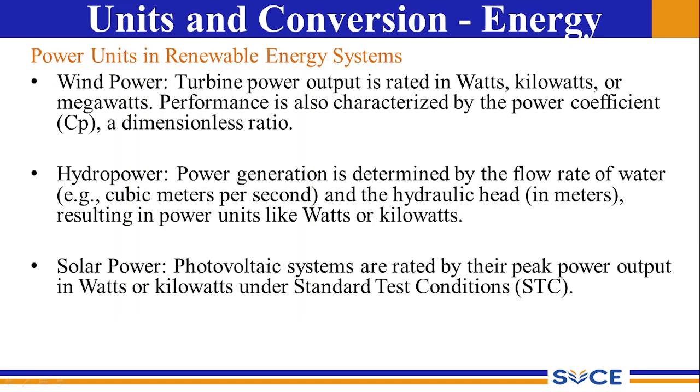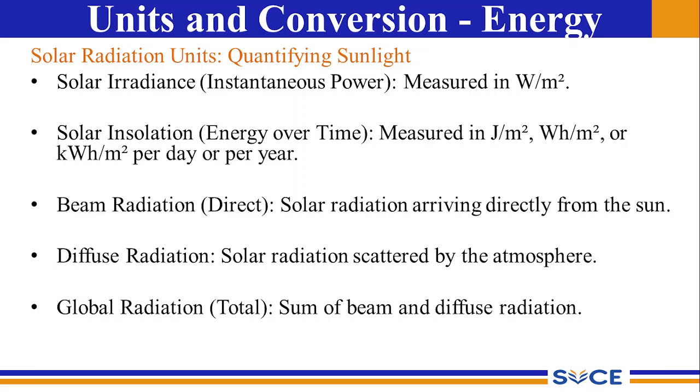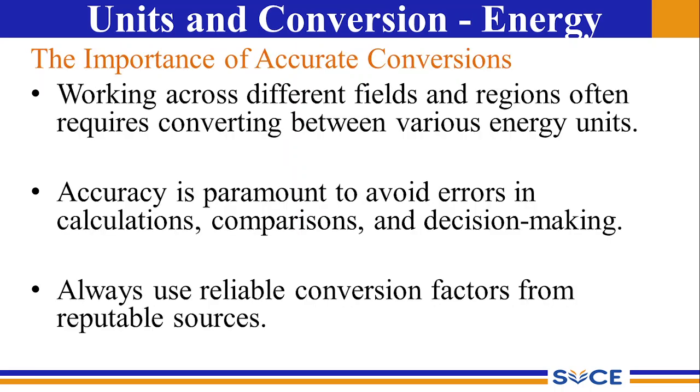And in detail, we saw about solar radiation units. Then we saw about other units used in your ocean and your biomass and geothermal. Finally, we saw about the importance of accurate conversion. Then we saw about the common conversions, joule to kilowatt hour, joule to BTU, joule to calorie.